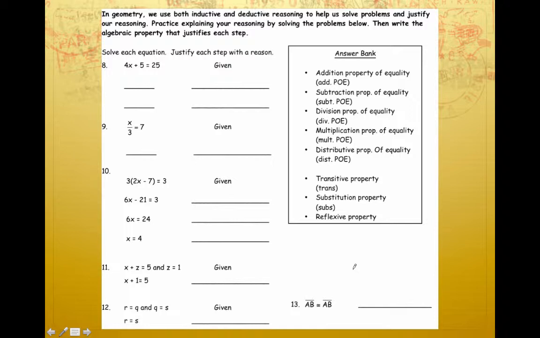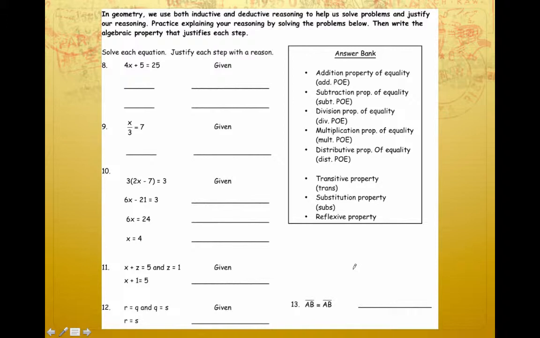And the substitution property says if two things are equal, then I can substitute them. So if I have that x equals y and x plus y equals 8, then I can make it x plus x or y plus y because they're the same guys, so I can plug them in for each other. And then the reflexive property says everybody's equal to themselves. A equals A, 2 equals 2, a tree equals a tree, assuming it's a specific tree.